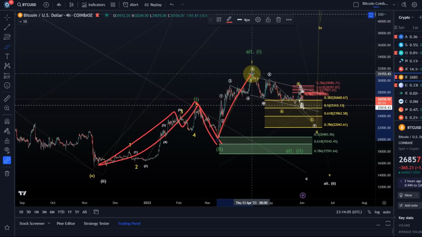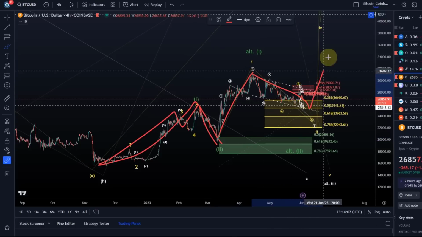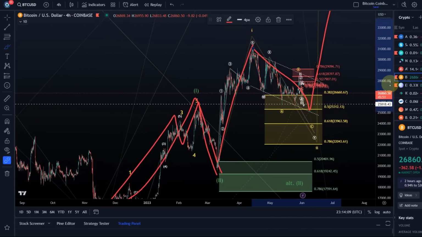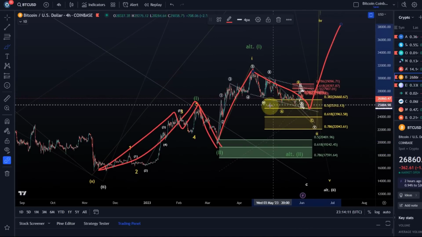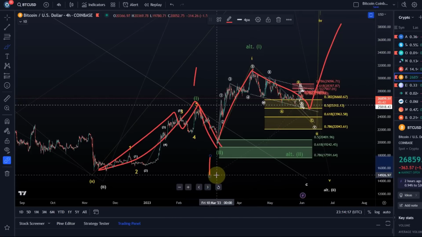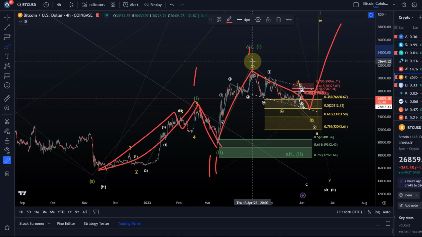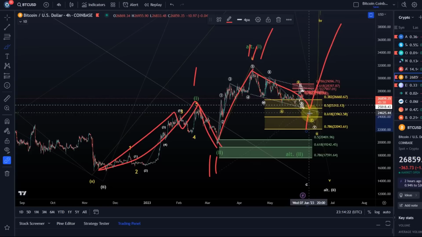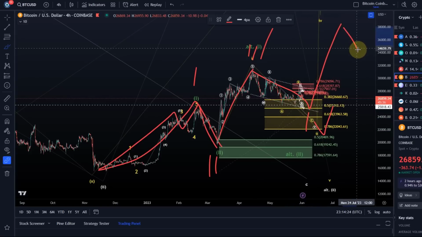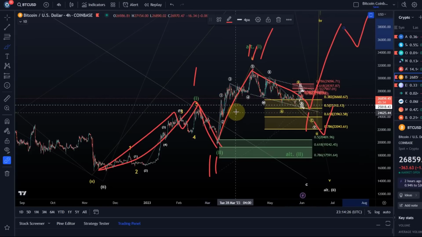And then this here would be a wave 4, and then we would get one more high in a wave 5. Problem is that this is too short for a wave 3. So if this here was a wave 1, this was a wave 2, this was a wave 3, of course it's possible, but it's completely unlikely, because in crypto, and especially Bitcoin, you need to know what it typically does, right?